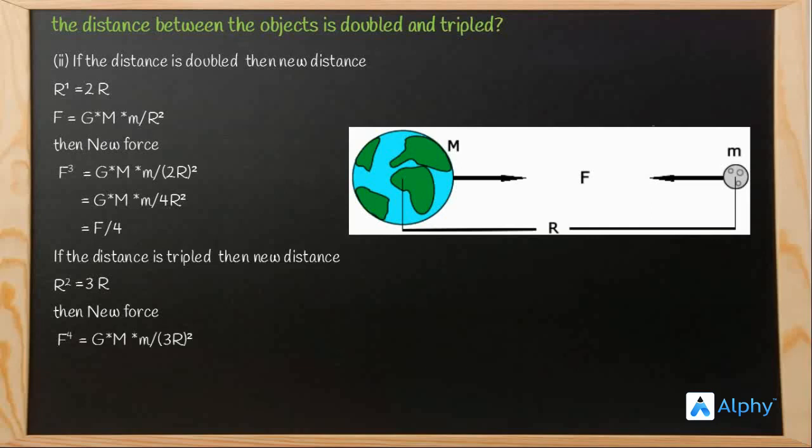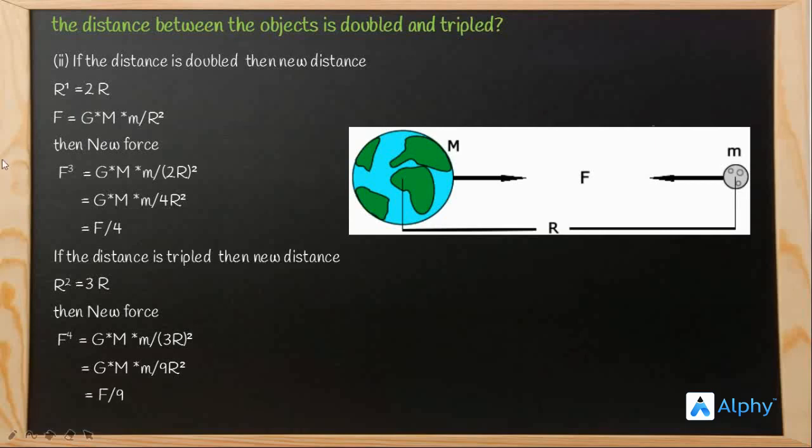And 3 square is 9. So we can write it as capital G into capital M into small m by 9R square. So this again, capital G into capital M into small m by R square, is the formula of F. So we can write it as F by 9.